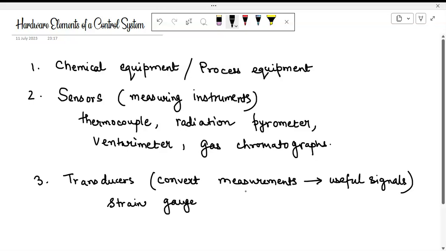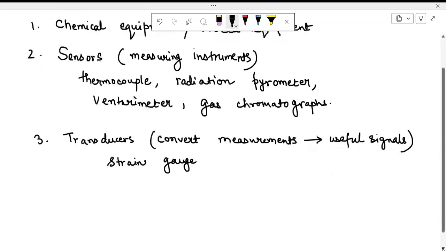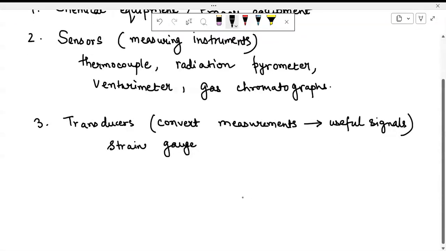A strain gauge is used so that if there is any pressure measuring element where you can see a change in mechanical strain, then that change in pressure is converted to an electrical signal. So that is one of the very popular examples of transducers. There are many other examples. Maybe I'll elaborate on them in some other video, but this is the most basic example of a transducer.